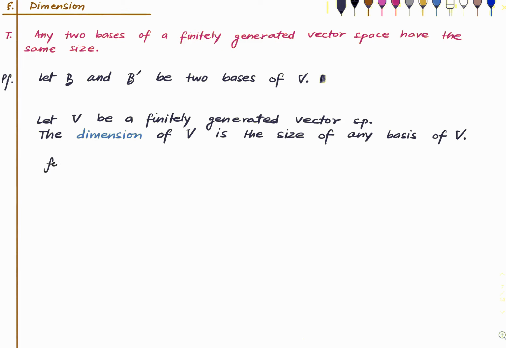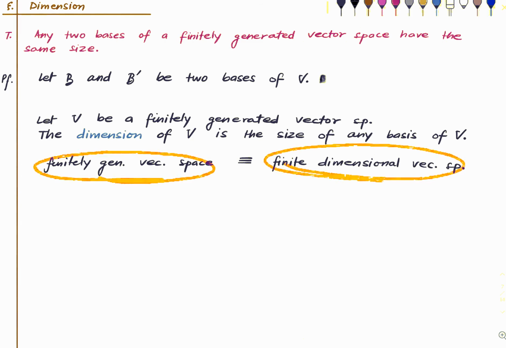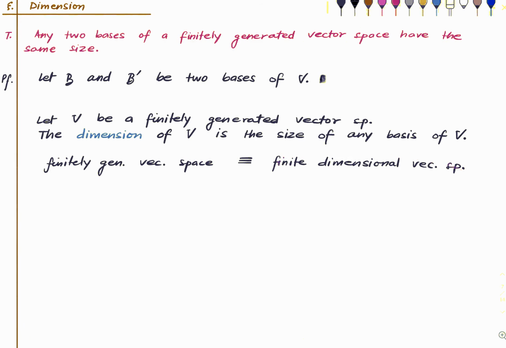So finitely generated vector spaces will be the same thing as finite dimensional vector spaces. Right? So when we say finite dimensional vector space, we mean the same thing as this. But this is the terminology or rather the phraseology that you see in textbooks and in any exposition.